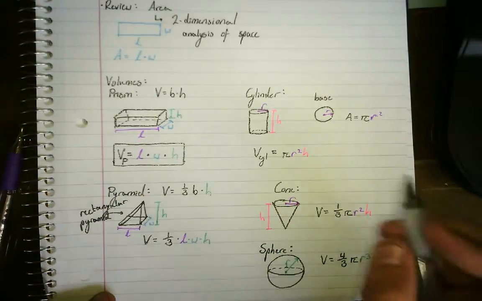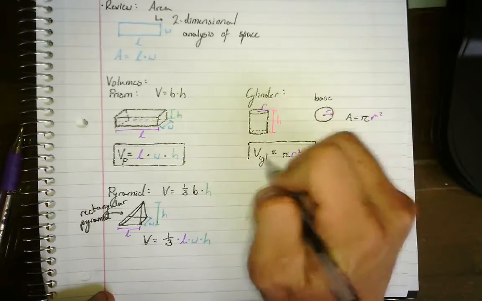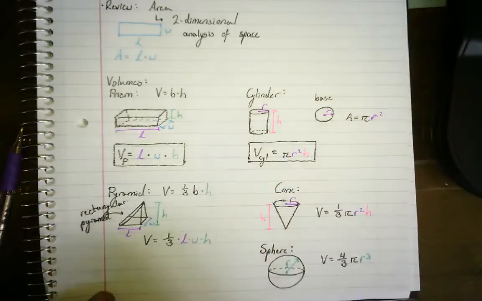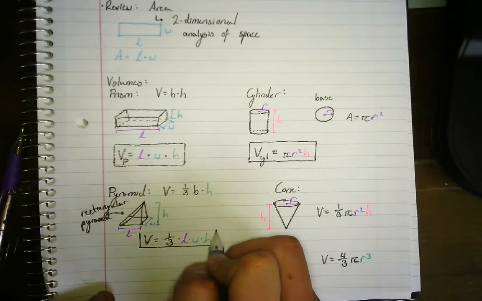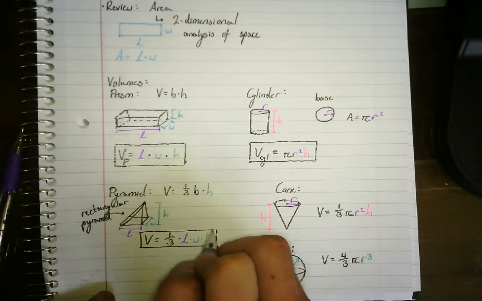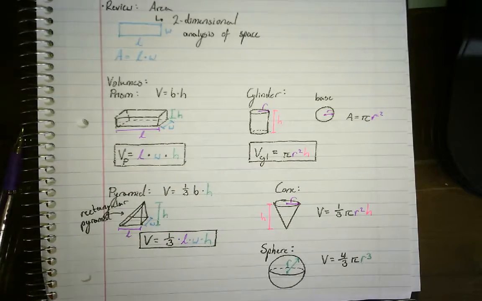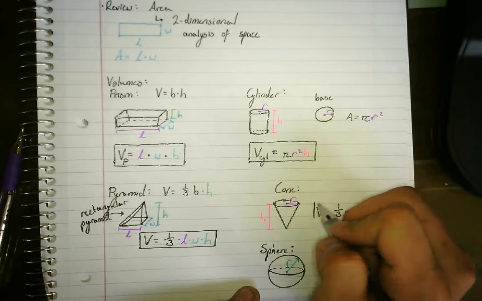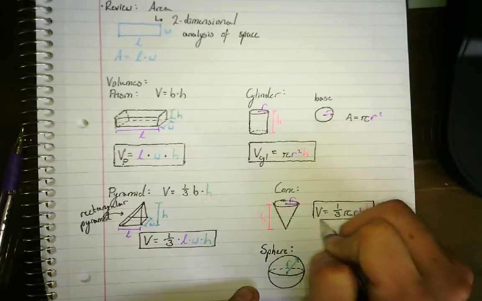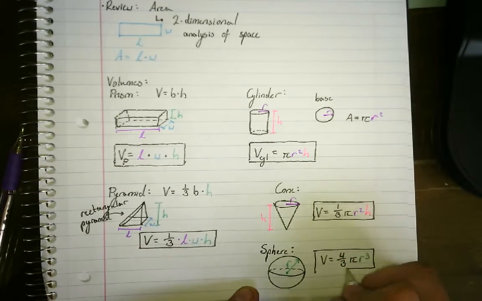For a cylinder, we have pi times r squared times our height. And then for our pyramid, we have 1/3 times the length times the width times the height, or for a more general, 1/3 base times height. For our cone, we have 1/3 pi r squared times height. And finally, for our sphere, we have 4/3 pi r cubed.